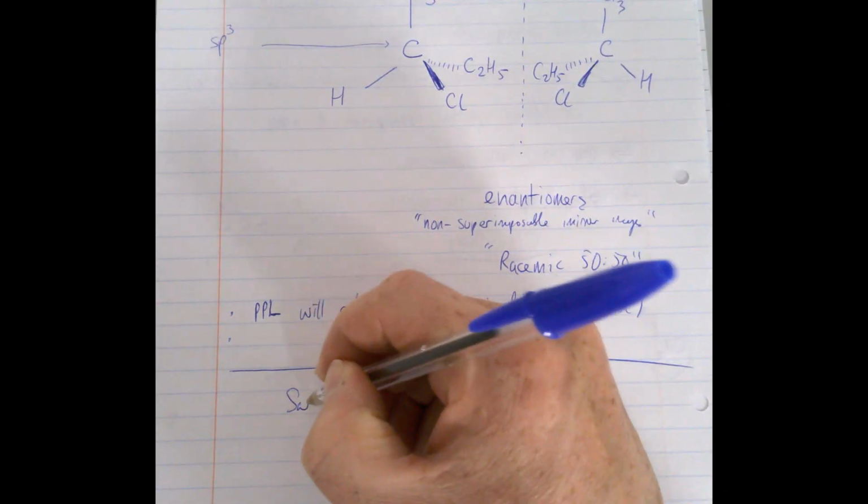I'm sure you'll remember talking about the thalidomide story, and it's probably worth having a reread of that one if you've forgotten it. The other thing to remember is this is useful information when identifying SN1 and SN2 mechanisms.